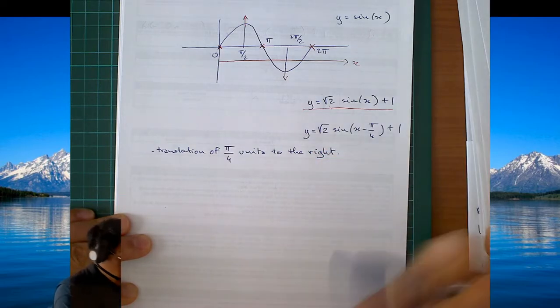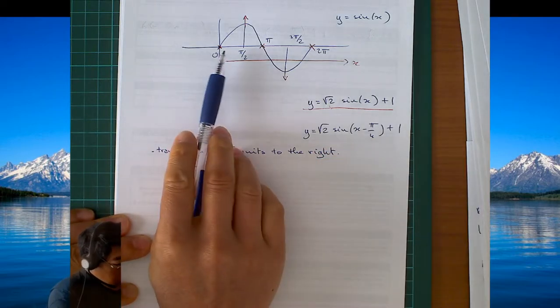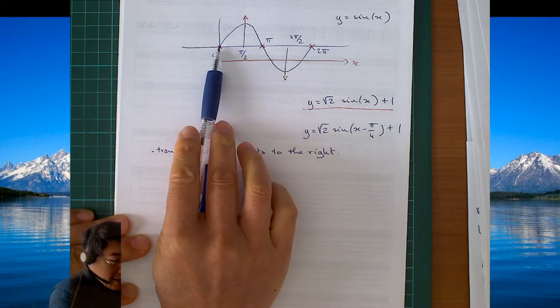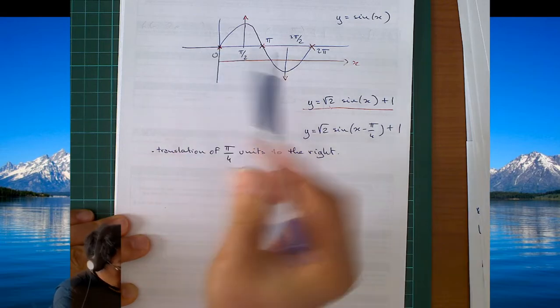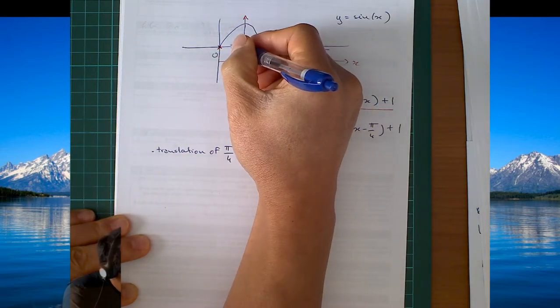Okay, and what you do is, if you go back to your curve and you look at your original intercepts, they're going to move pi on 4 to the right. So that's your pi on 2. Pi on 4 is half.